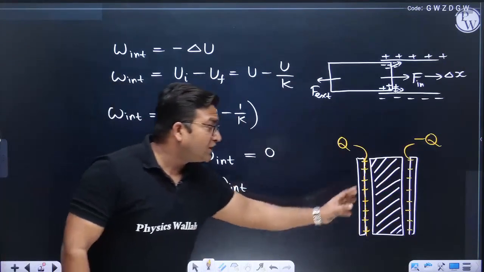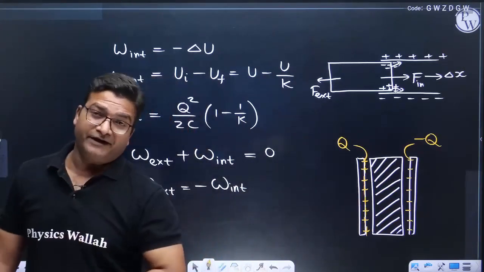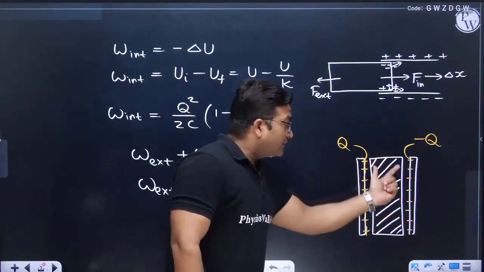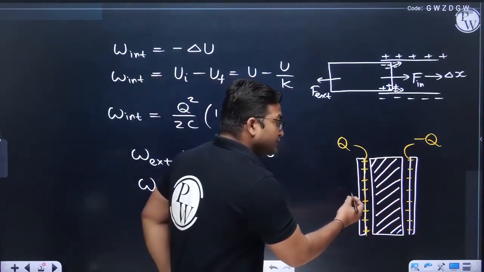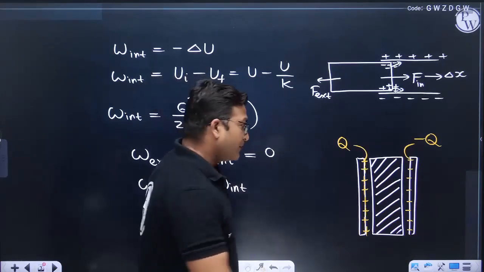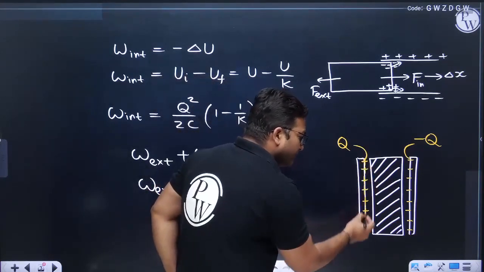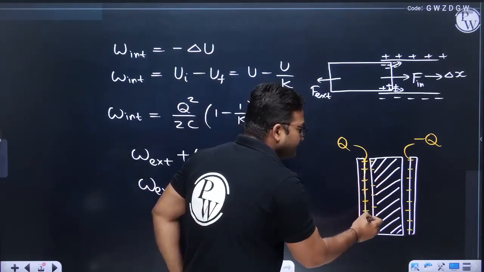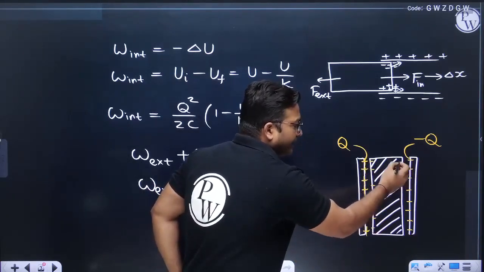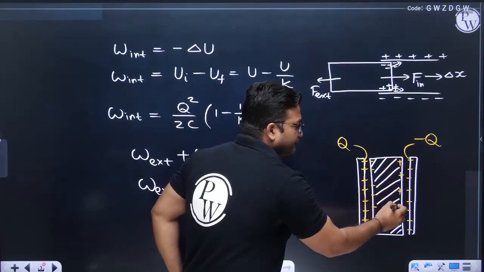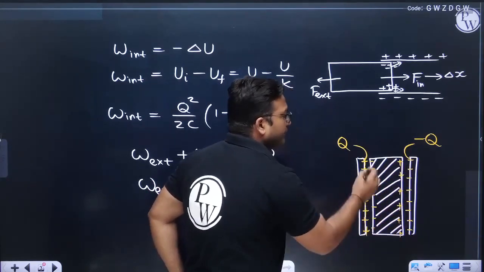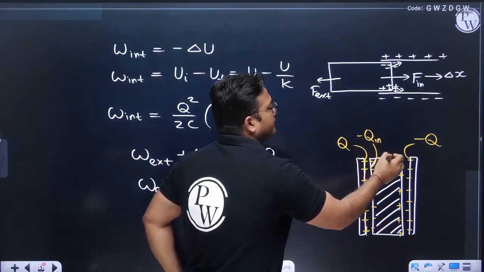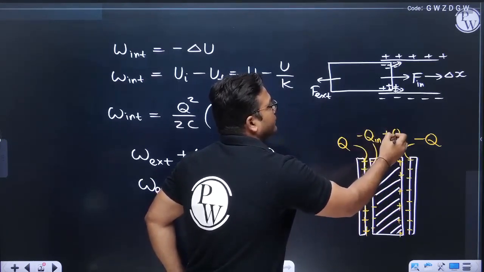So these charges have some induction effect on the dielectric slab, and on the surface of the dielectric slab some charge gets induced. Near the positive plate we see some negative charges induced, and near the negative plate we see some positive charges induced. You can write this as minus Q induced and this as plus Q induced.